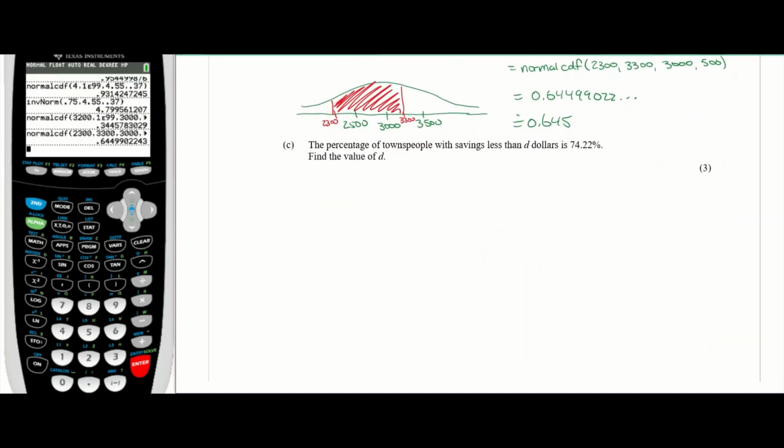The last one, we're looking for a cutoff value and we're given a probability. So this sounds like a case for the inverse normal. So we got 3,000. And what we're looking for is a cutoff below which we have almost 3/4 of the data.